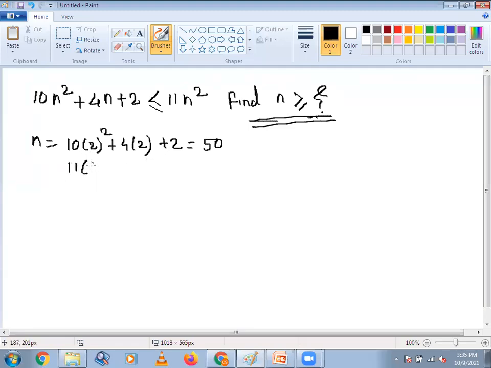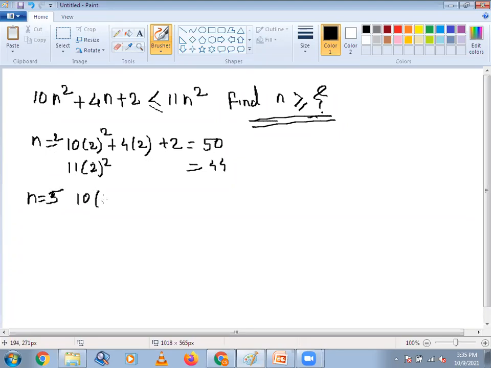Eleven into 2 square. Then if n is equal to 2, n is equal to 3. Okay, put 5.